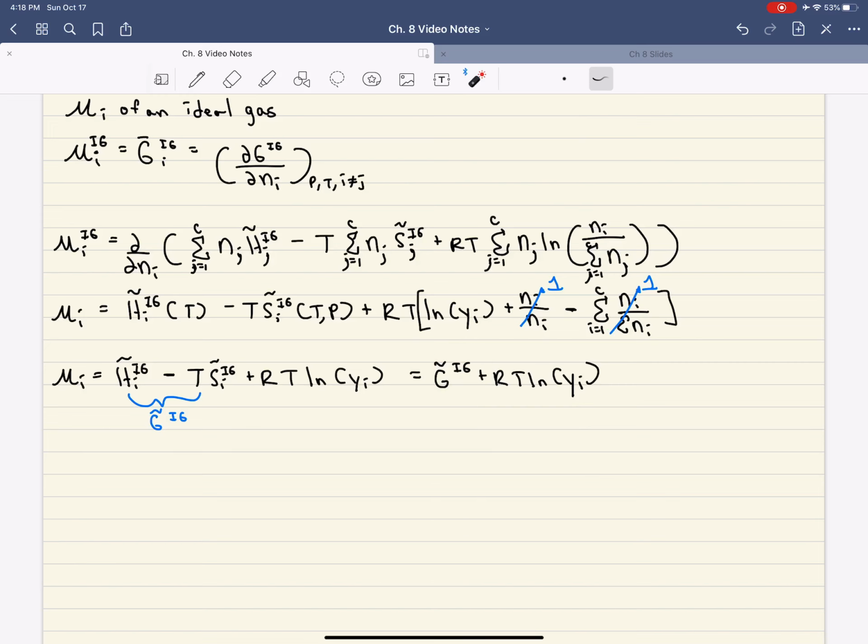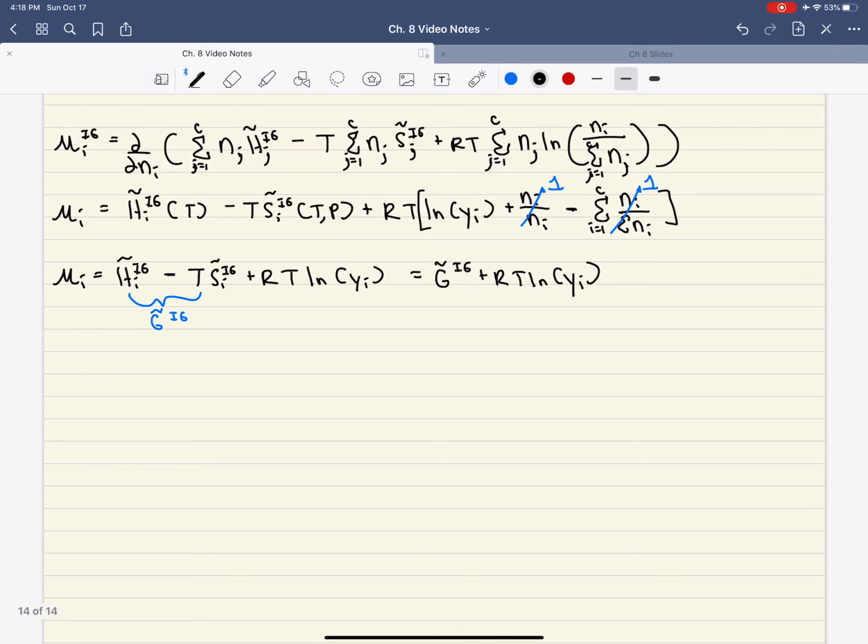but there's still one more kind of weird term here, which is the molar Gibbs energy of the ideal gas. So we want to get more insight into what that is and how it's affected by various parameters. To do that, let's think back to chapter 6.